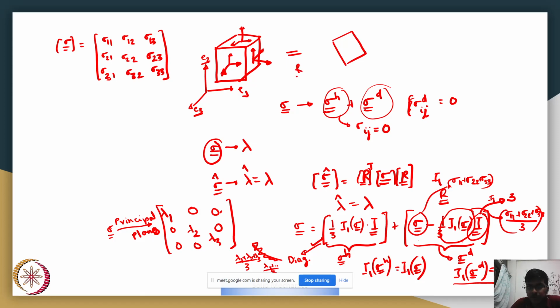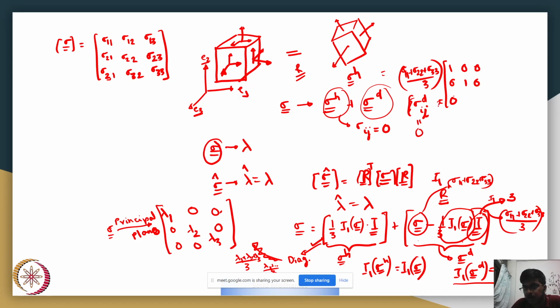So after some rotation, we end up with essentially sigma h, only the diagonal terms. So sigma h can be written as (sigma 1 1 plus sigma 2 2 plus sigma 3 3) by 3, into say [1 0 0; 0 1 0; 0 0 1].